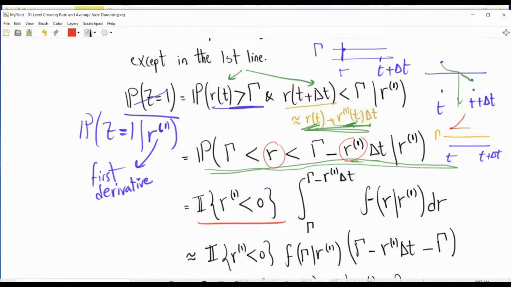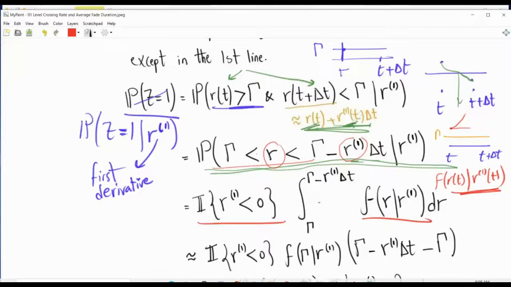So this is a random variable, and here we are fixing the first derivative. Basically, this probability is the integral of the conditional PDF of R(t) given its mean square derivative R1(t). If it makes you happy, you can write it like this, but under stationarity this distribution will not depend on t.